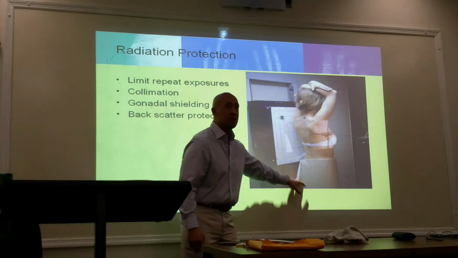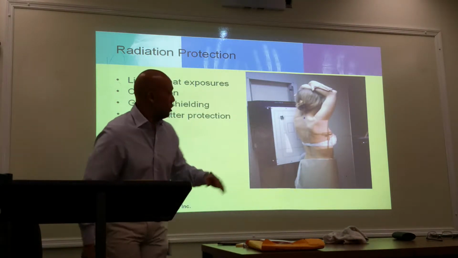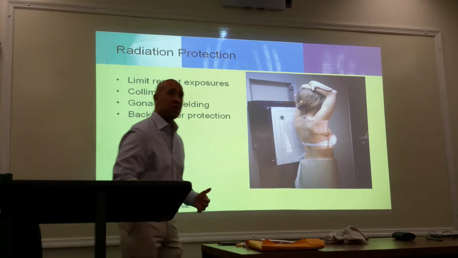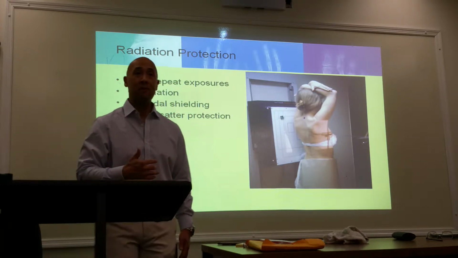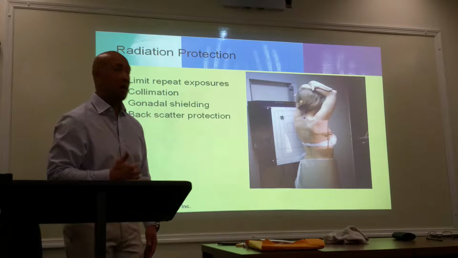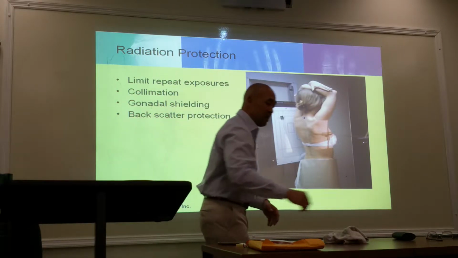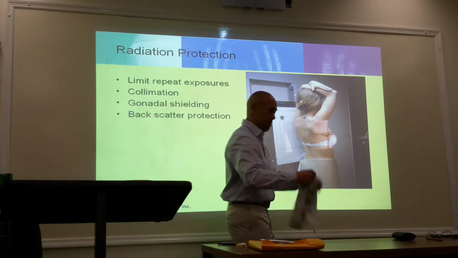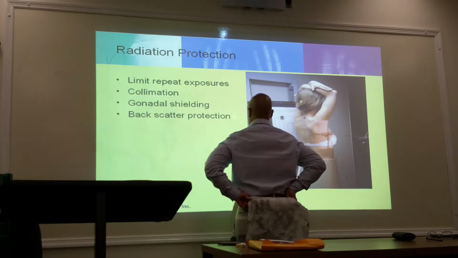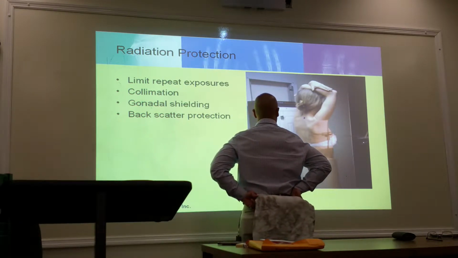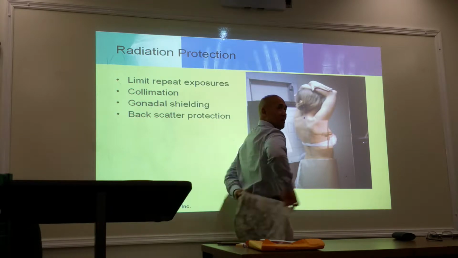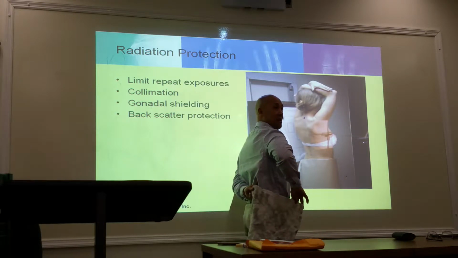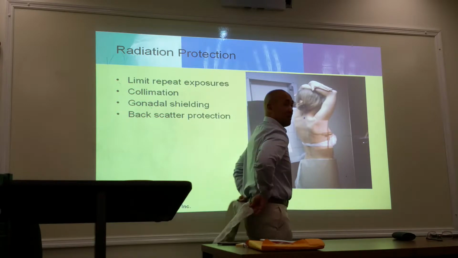In using your protective shielding, you put the shielding towards the path of the primary beam. So when you're shielding your patient for PA, it'll be like this, correct? What about lateral? Don't forget to cover the side. That's also a big mistake, because they think, oh, well, they're shielded.